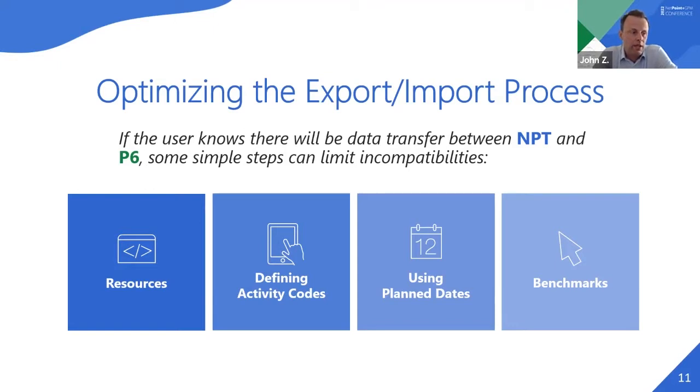And you can't always do that clearly if, say, you are reviewing a contractor schedule and you bring it in and you do your review, and then you want to import it into NetPoint. You have no control over the contractor schedule and their usage of certain things. So as long as you have control, you can limit. And if you don't care about limiting, as long as you understand, it works out pretty well. None of them are deal breakers.